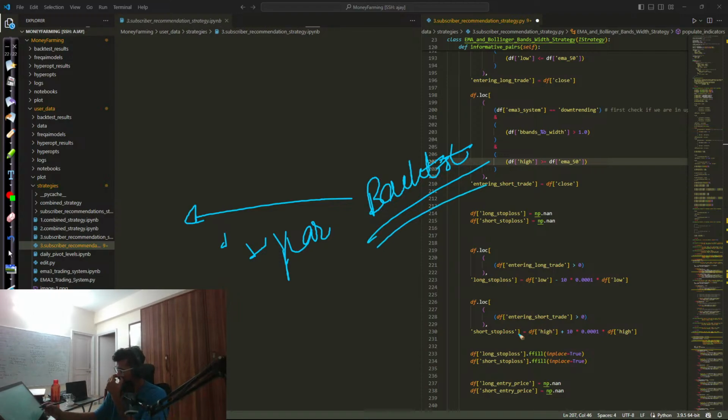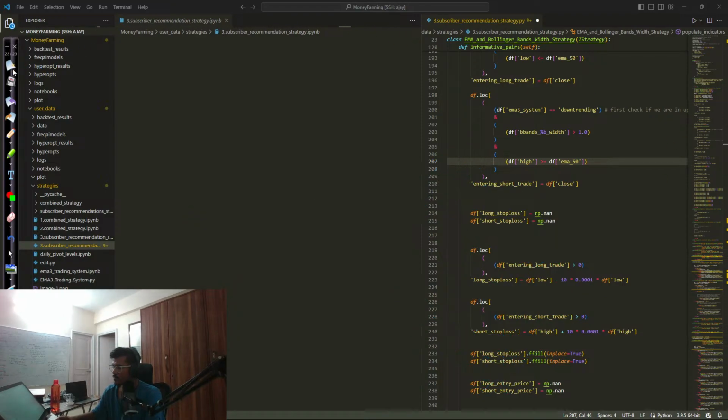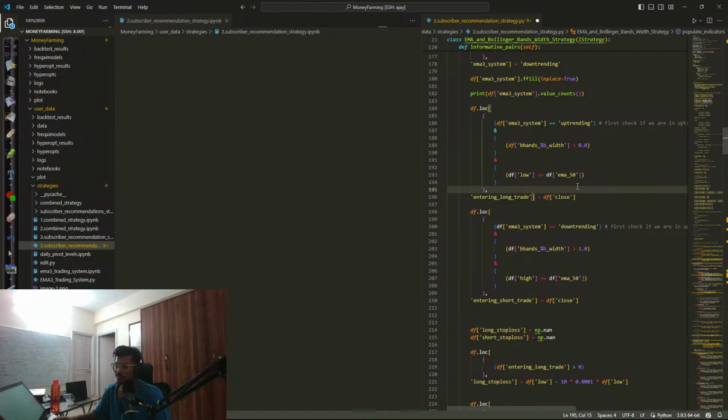Then we can also put in stop loss, take profit, and run some optimization to optimize the parameters. All this stuff. So what's informative pairs doing? That's really good, helps save a lot of time. Yeah, testing time. That's why people pay a lot of money for it. It's not for no reason.